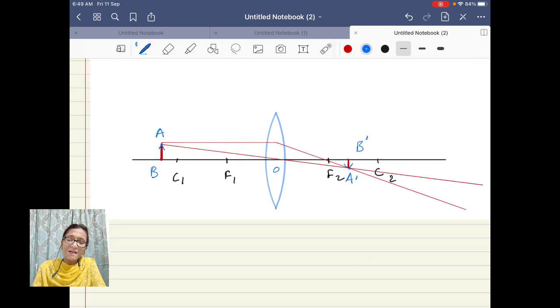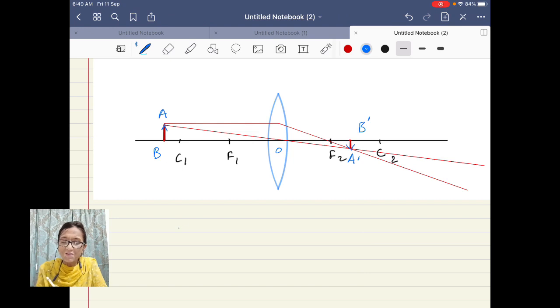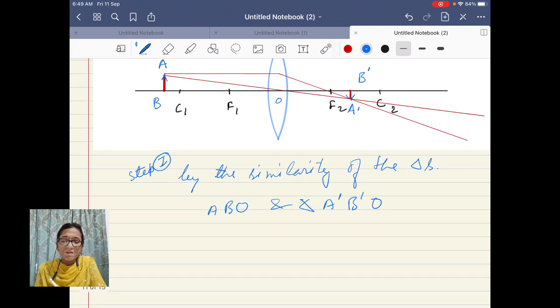So we will use the ray diagram again and the concept of similarity of triangles. By the similarity of the triangles ABO and A'B'O, the ratio of heights should be equal to the ratio of bases since they are similar triangles.